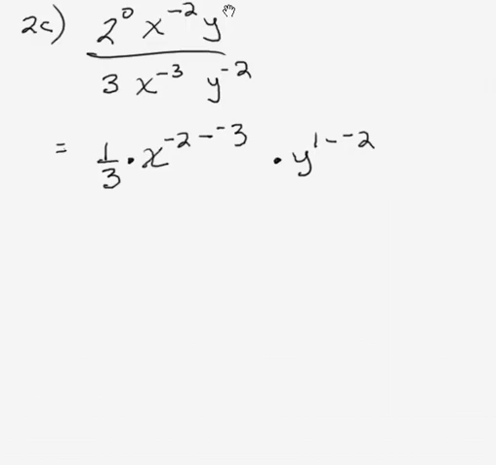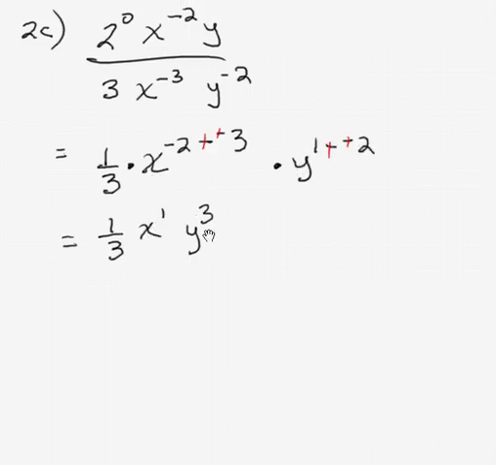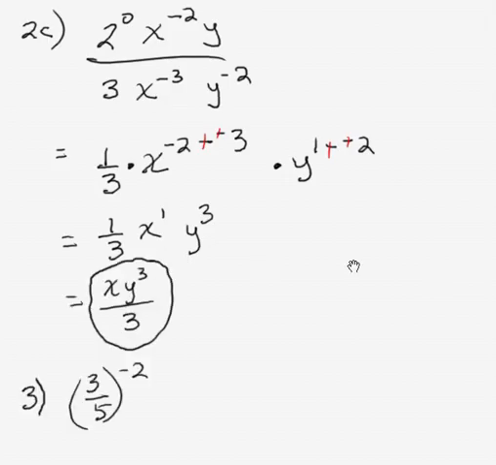Don't forget there's an invisible 1 up here. 1 minus negative 2. And as we simplify that, don't forget that subtracting negatives is the same as adding positives. So negative 2 plus 3 is 1, and that's x to the first power. 1 plus 2 is 3, so that's y to the third power. And 3 is in the denominator, x to the first, y to the third is in the numerator.